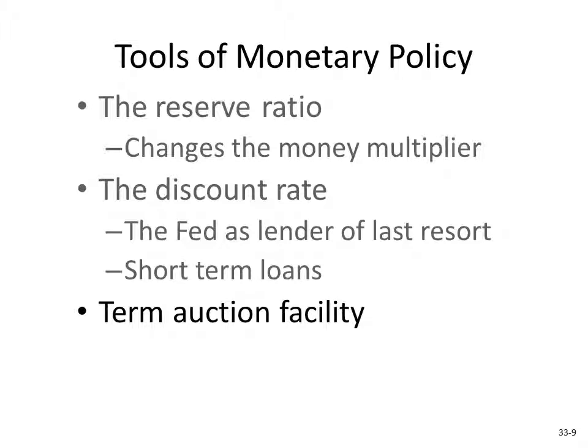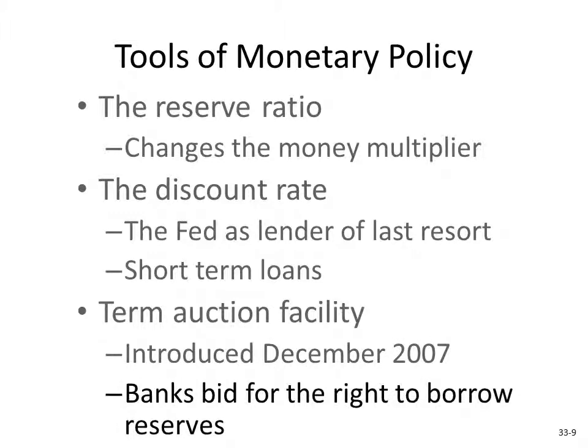And then the Term Auction Facility, introduced in December of 2007, which gives banks the opportunity to bid to borrow reserves from the Fed, and it's been highly effective mostly because it directly impacts the amount of excess reserves that banks are holding, and because banks can remain anonymous about their purchases of these reserves.